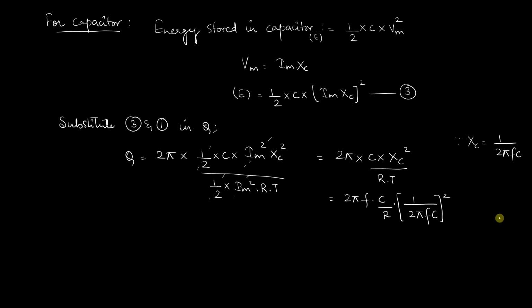So you have F and 2 pi here, you have F and 2 pi here, so cancel that, C and C gets cancelled, this 2 also gets cancelled, and you get Q equal to 1 by R into 1 by 2 pi F C. So this can be written as 1 by, what is 2 pi F?